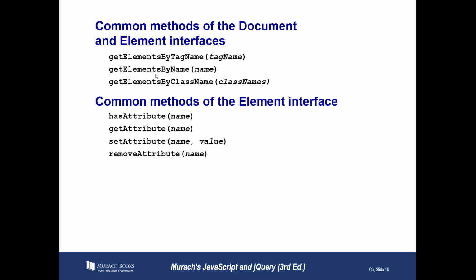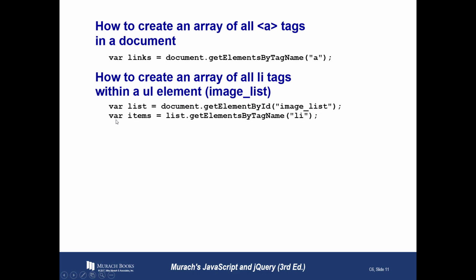So methods that you commonly use with these: hasAttribute to see if something actually is there. getAttribute, so you can access the attribute. setAttribute, so you can actually change, or what's called mutate, the attribute. And removeAttribute, if you want to remove something.